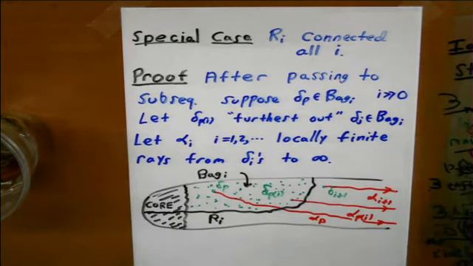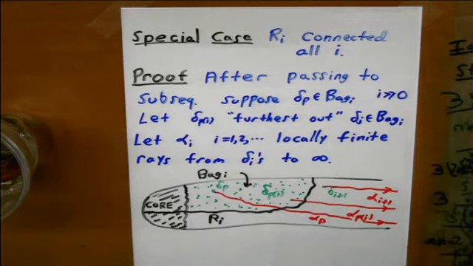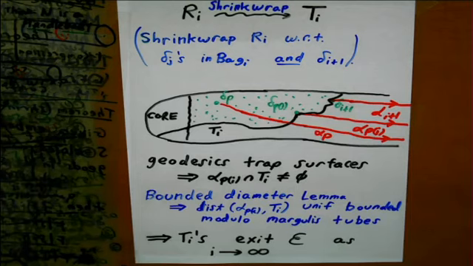Now you shrink wrap. We say, okay, well, this looks kind of bad because of this picture, but you just don't worry about it. You shrink wrap it anyway, and here's the shrink wrap picture. But now you remember the miracle of Gauss-Bonnet, which is the bounded diameter lemma.